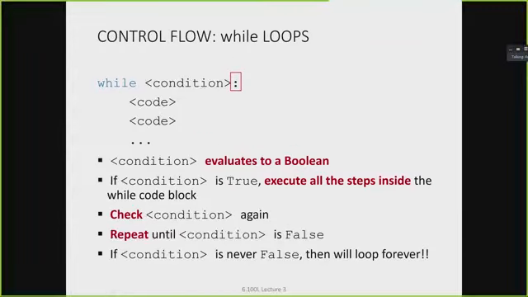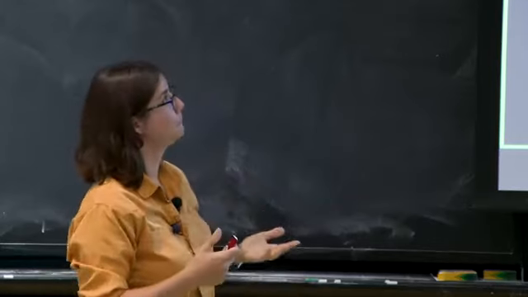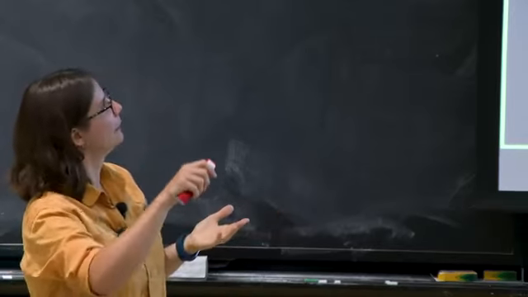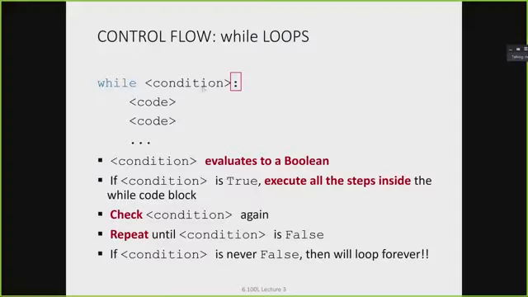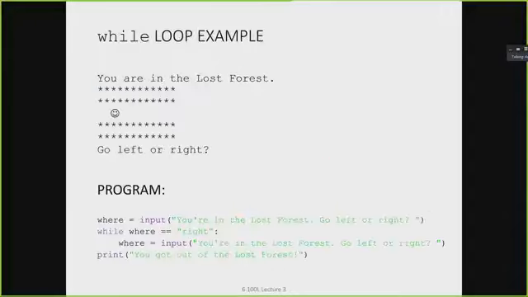So if the code inside is not ever changing anything related to our condition, then it's for sure that this loop will execute an infinite number of times. This is the pitfall of while loops. If you're not careful, your code will execute an infinite number of times and never terminate. I'll show you how to deal with that in a couple of slides.